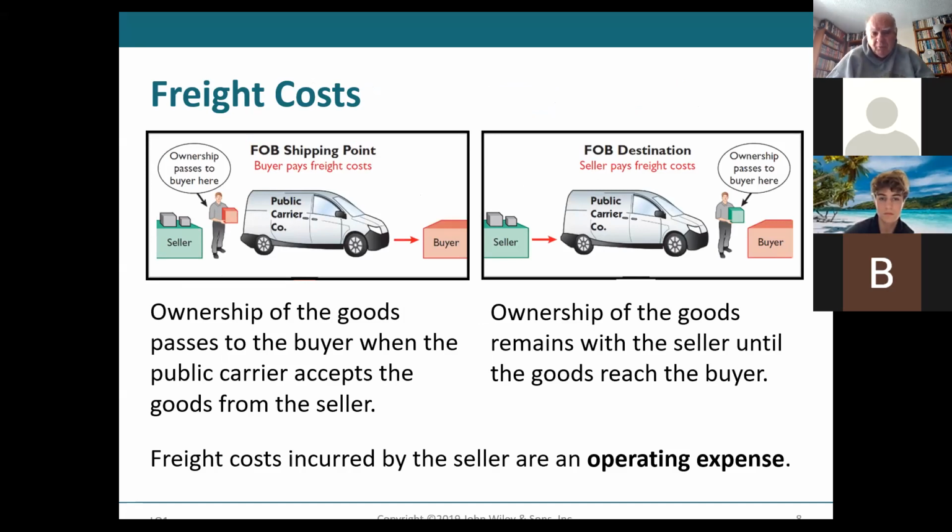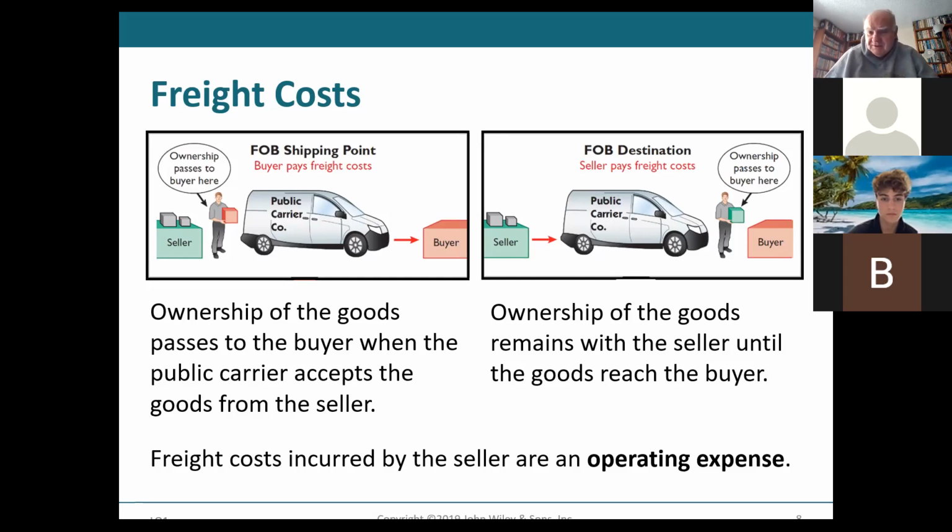At the FOB point, the buyer now owns the goods and is responsible for the transportation of them. FOB shipping point means title changes as soon as it leaves the factory. As soon as it leaves the store and it's on its way to your store across the country, you, the buyer, own the goods. You're responsible for paying the freight.